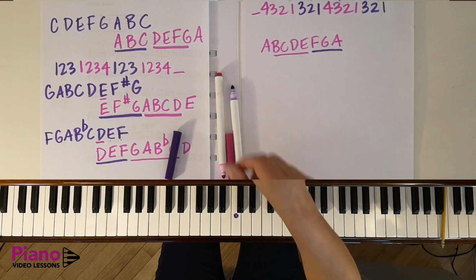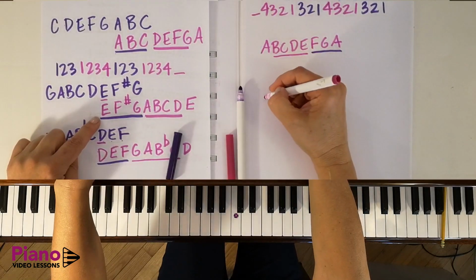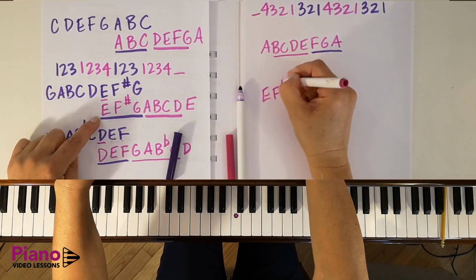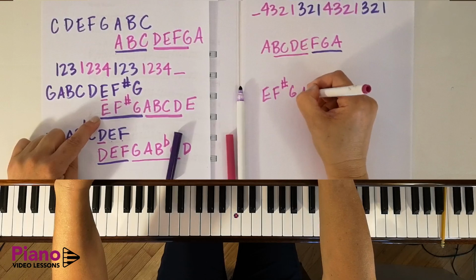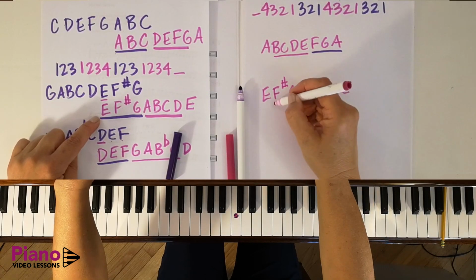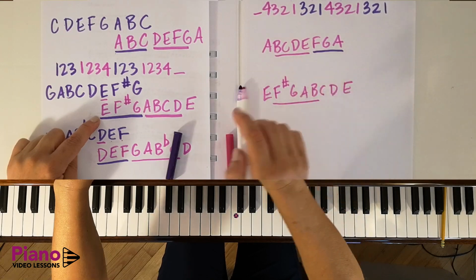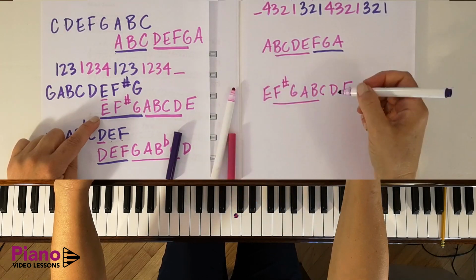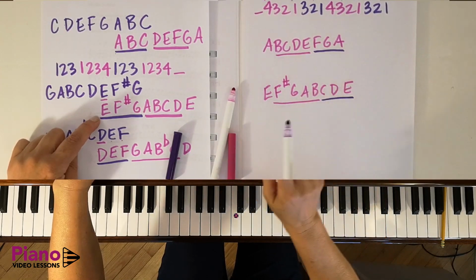Next, we'll do the E minor scale, and the notes for that were E natural minor, E, F sharp, G, A, B, C, D, E. And we use the same concept here. We use our 4-3-2-1 first, and then our 3-2-1 at the top.